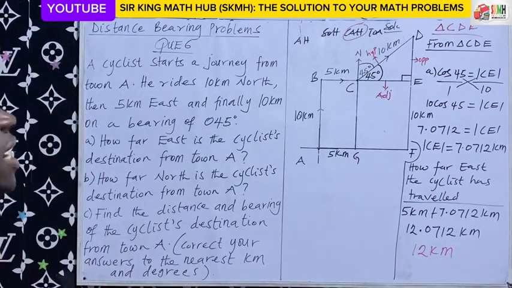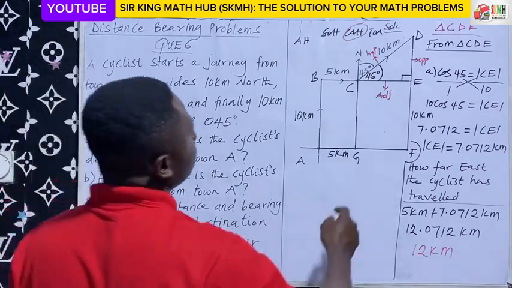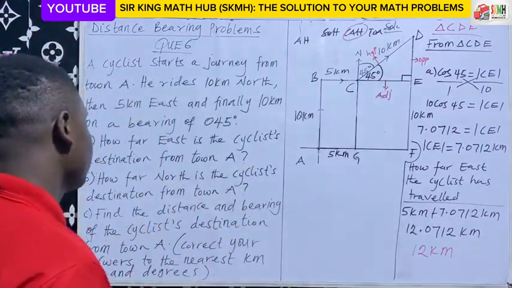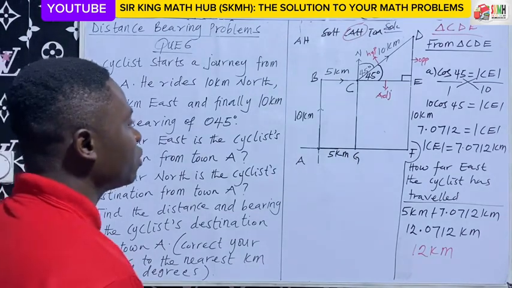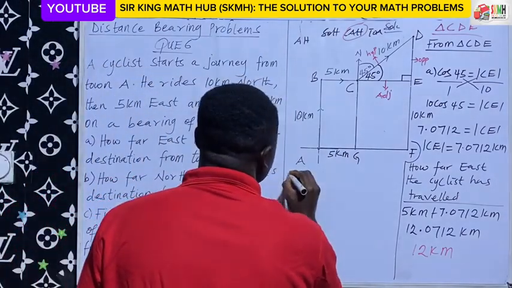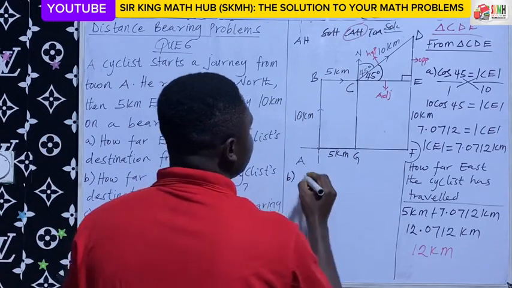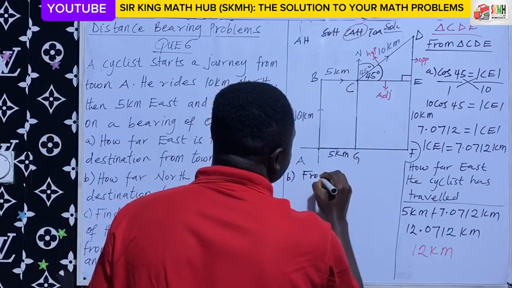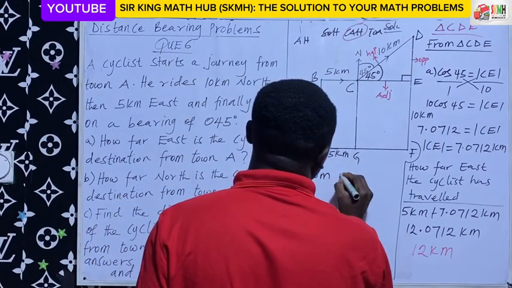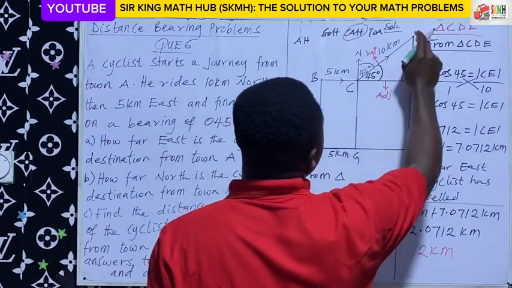So can we calculate how far north the cyclist has traveled from the starting point? We can do that. So B. We also need to refer to the same right angle triangle, triangle CDE.